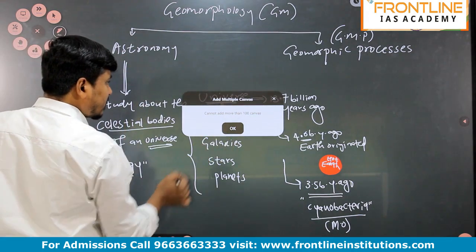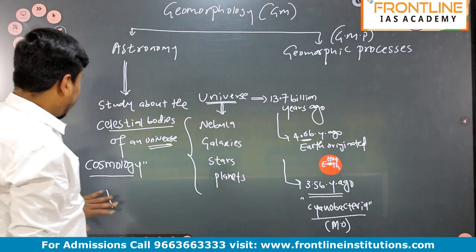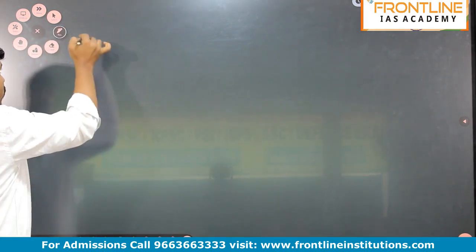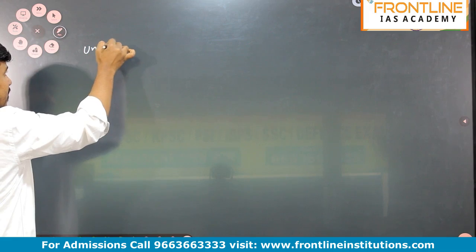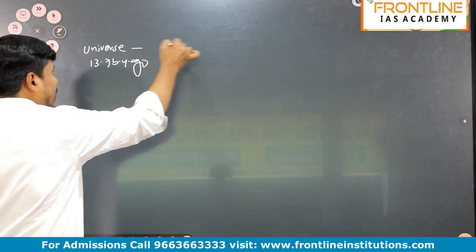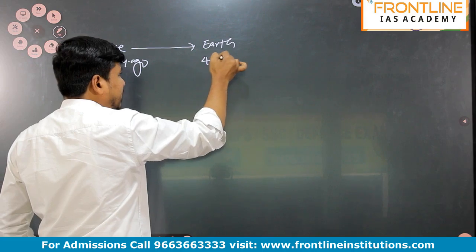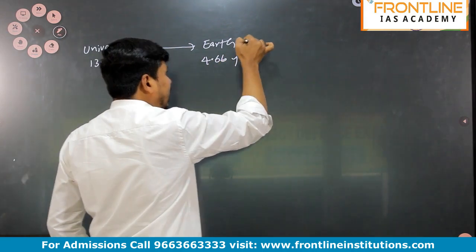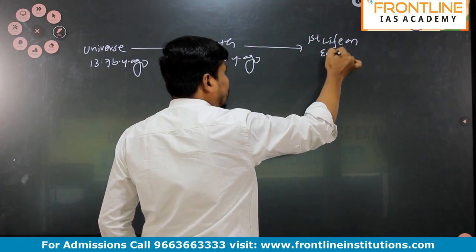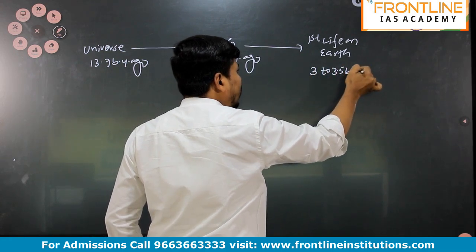The universe originated around 13.7 billion years ago, Earth originated around 4.6 billion years ago, and the first life on earth originated around 3 to 3.5 billion years ago.